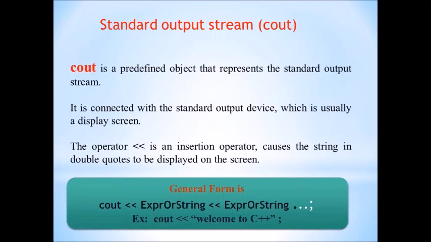The general form is cout, insertion operator, your expression or your string. If you see the example, cout insertion operator in double quotations, welcome to C++. That is, the welcome to C++ message is to be displayed on the screen.